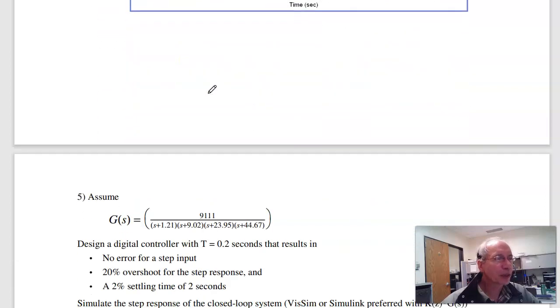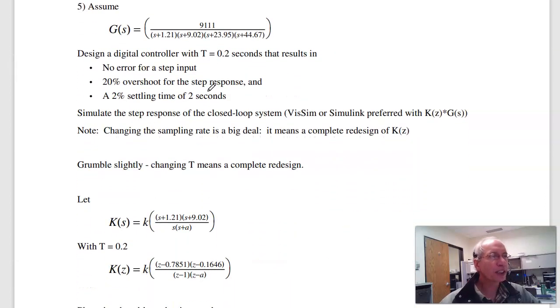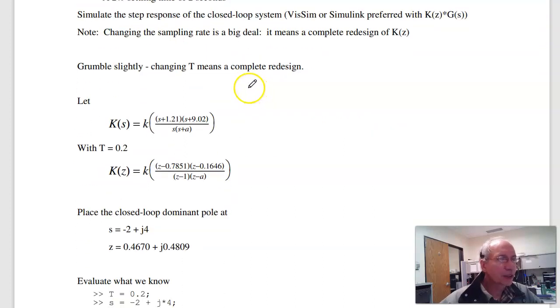The last problem on the homework is suppose I change the sampling rate. Now modify k of z to accommodate the changed sampling rate. So this is kind of where you grumble, because if I change the sampling rate, that basically means take the previous design, throw it out, start over. So changing the sampling rate is a big deal. So basically I have to start over.